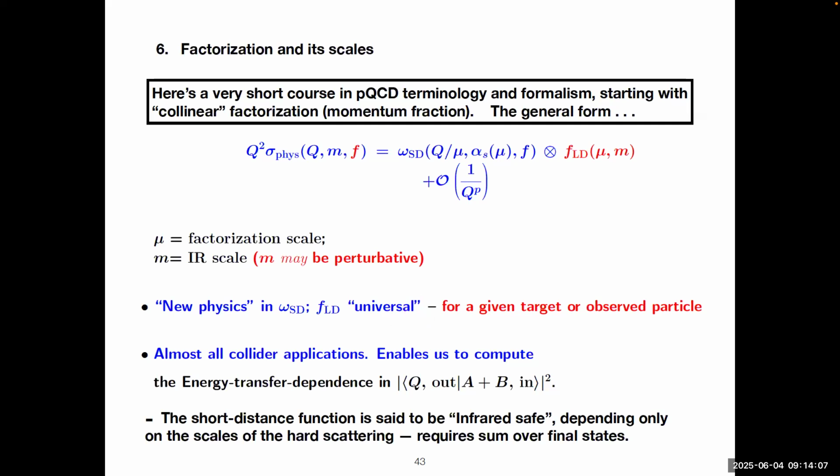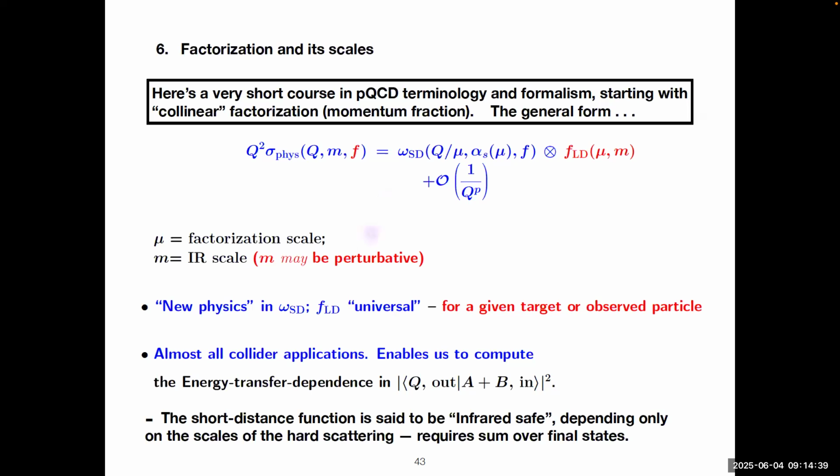What universal means is you can use it more than once, it appears in more than one cross-section. If you know what the F is in some unknown physical cross-section on the left-hand side, and you can use the same F LDs, all you have to do is do a computation. That could take you like 10 years, but you could do it.